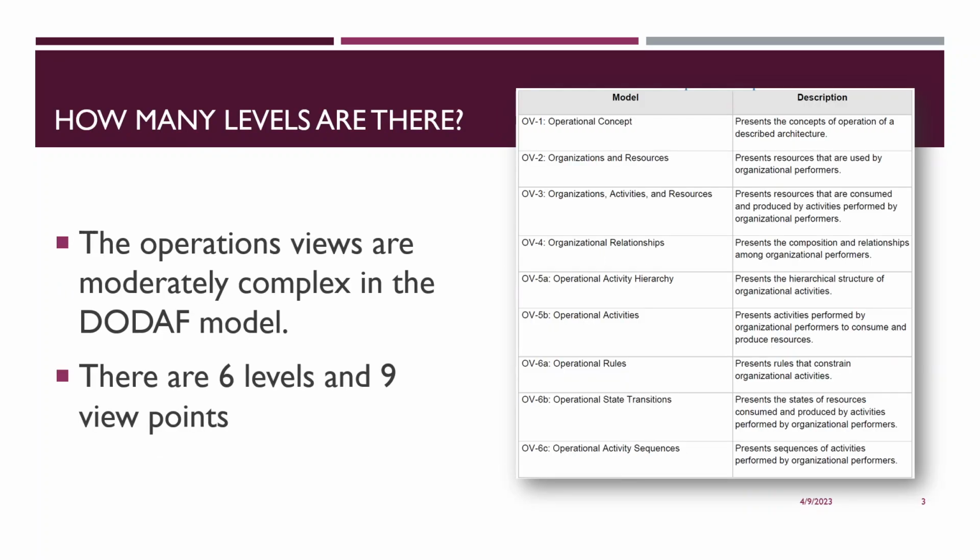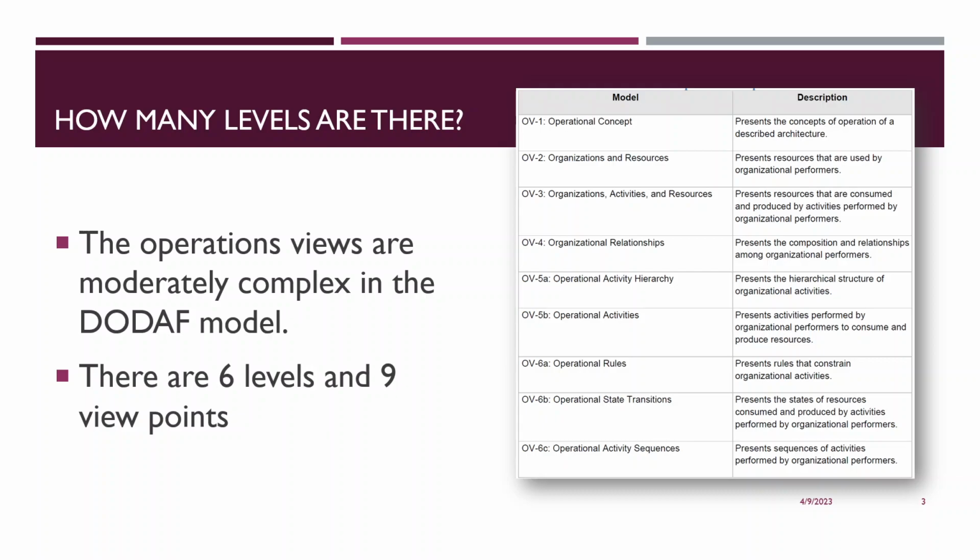So there are many levels. Operations views look kind of complicated when you look at all of them. They're kind of moderately complicated. I'd say that as far as DODAF, probably the most complicated framework within DODAF is the system views, or the system viewpoints. Those are quite a bit more complicated, but we'll cross that bridge when we get there.